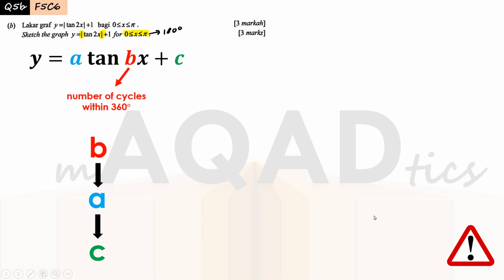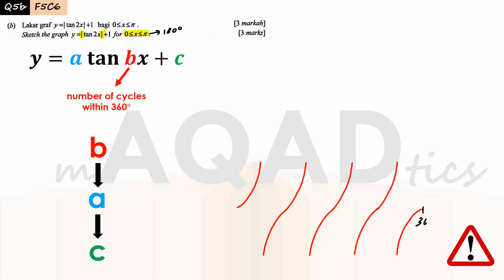So the first cycle of the tangent x graph will be something like this, and then the second cycle will be something like this. So everything is drawn within 360 degrees, or 2 pi. Now let's go to A. A here represents the minimum or maximum value of the graph.